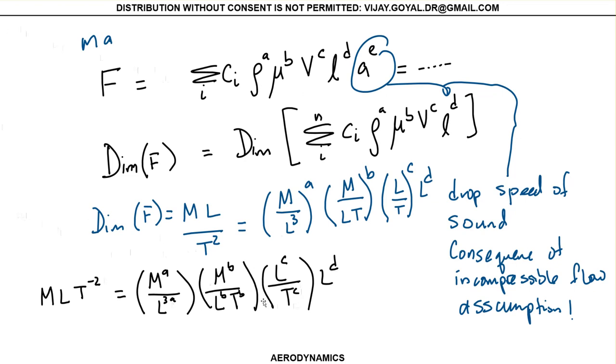Let's write it all together. And I can do that by taking all the masses together. If I take the mass, I have mass to the power A plus B. Let's take all the L's together. So I have L to the power, let's start with D minus 3A minus B.